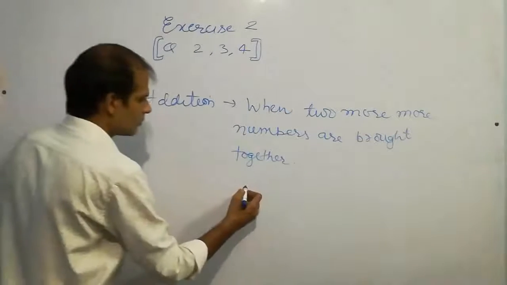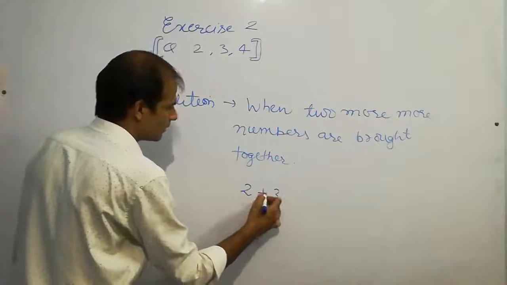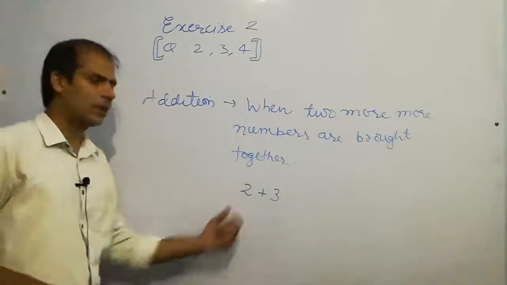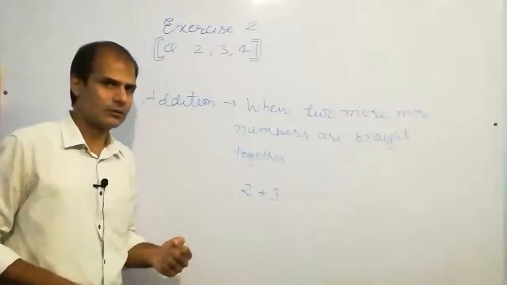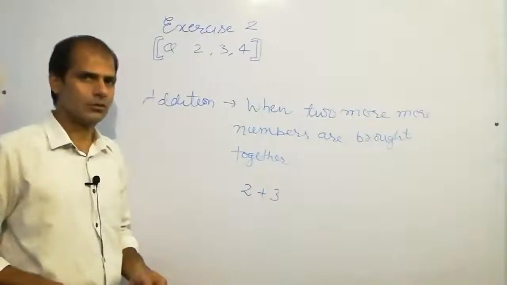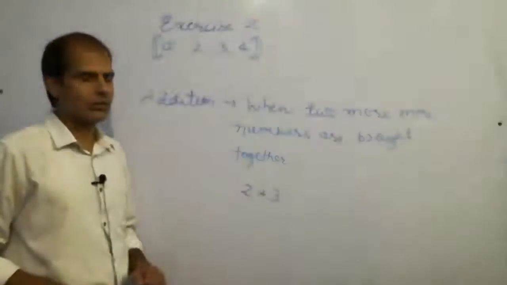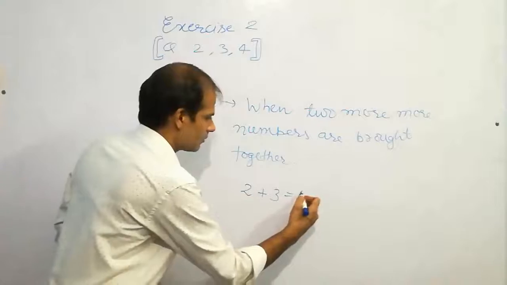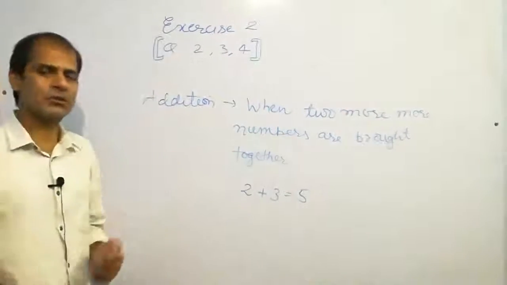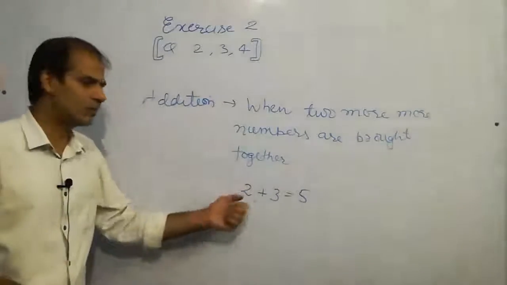Suppose we want to add 2 and 3. It means 2 and 3 both are brought together. Maybe there is another number, okay? So this is called addition. But there are certain names given to these numbers.